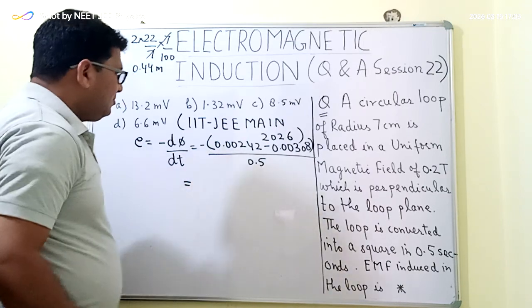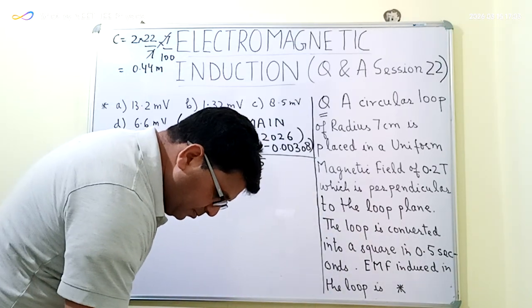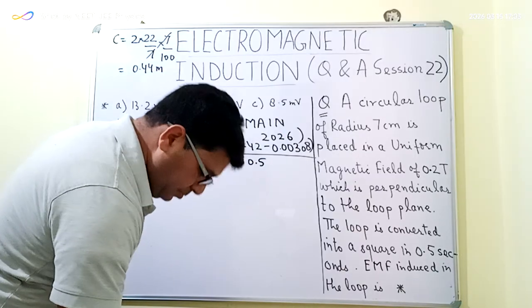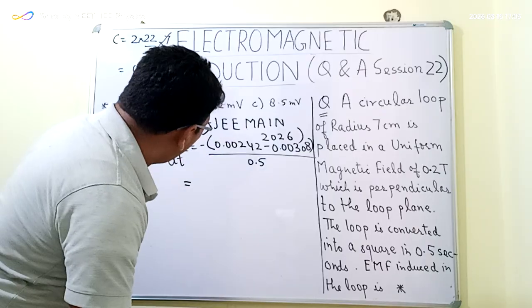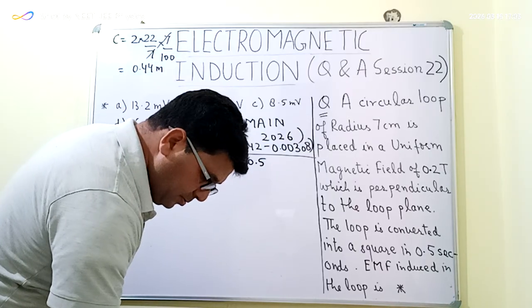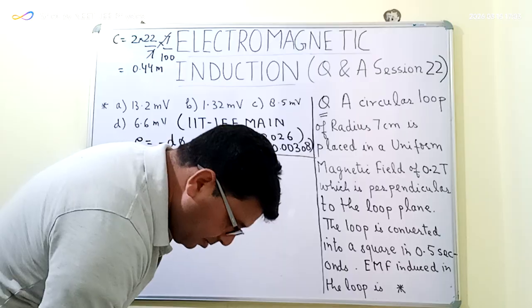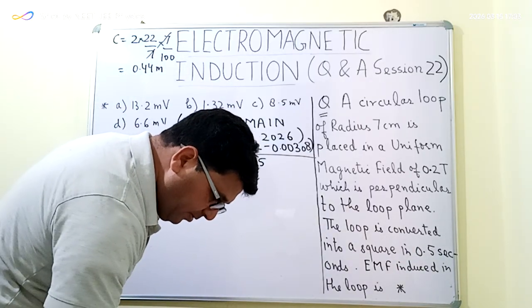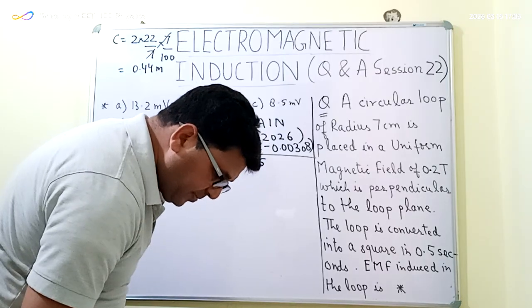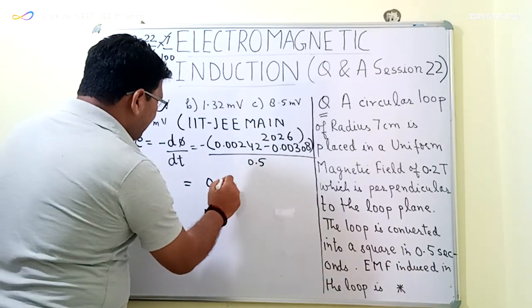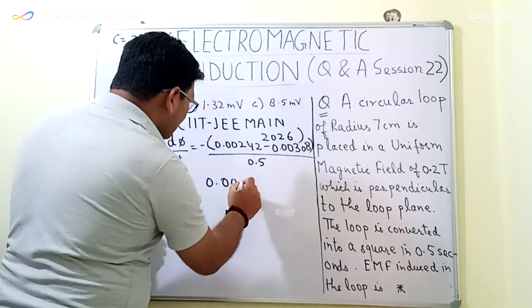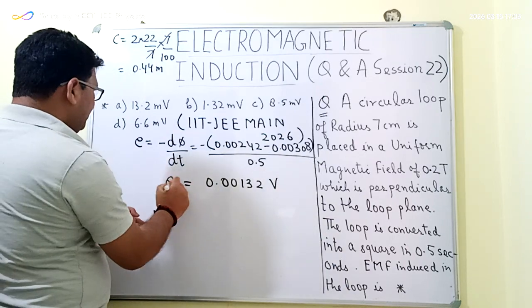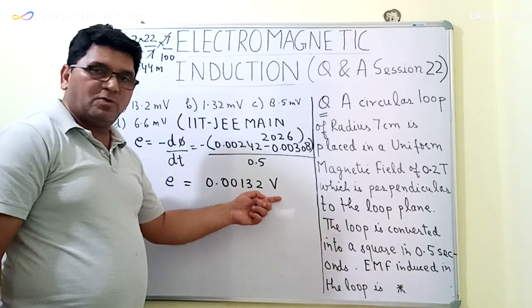So this is equal to 0.00132 volts. This is the value of the induced EMF in volts.